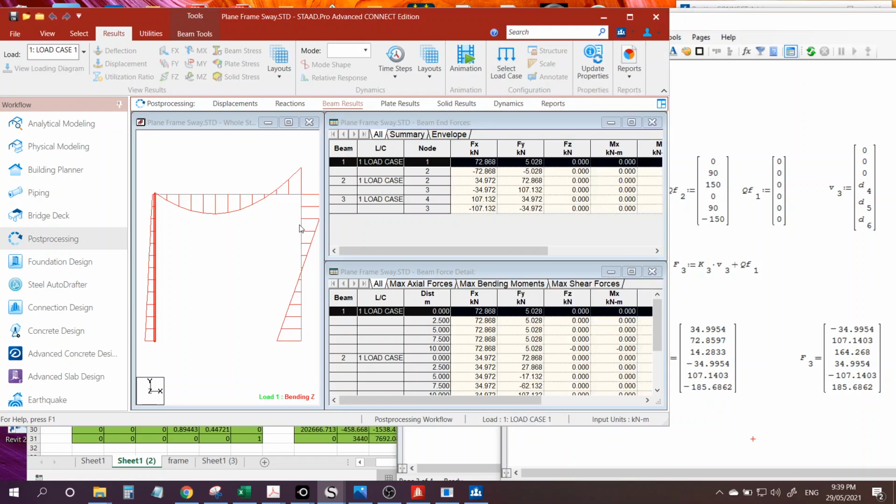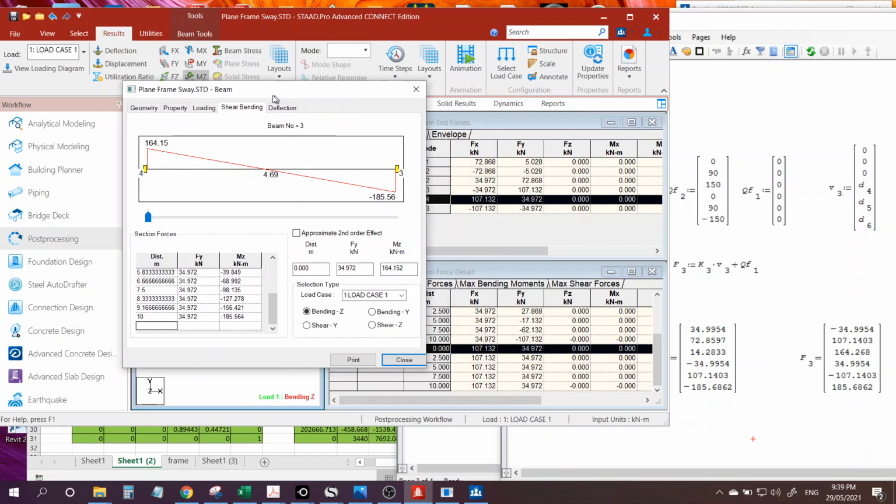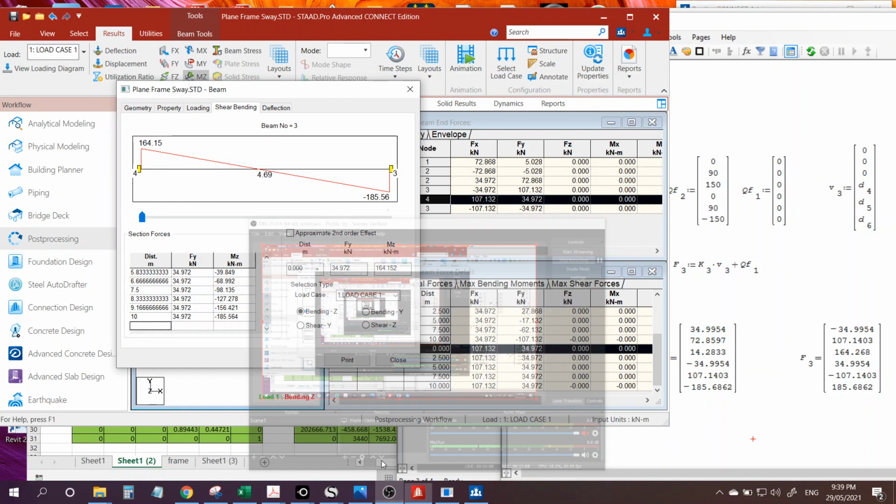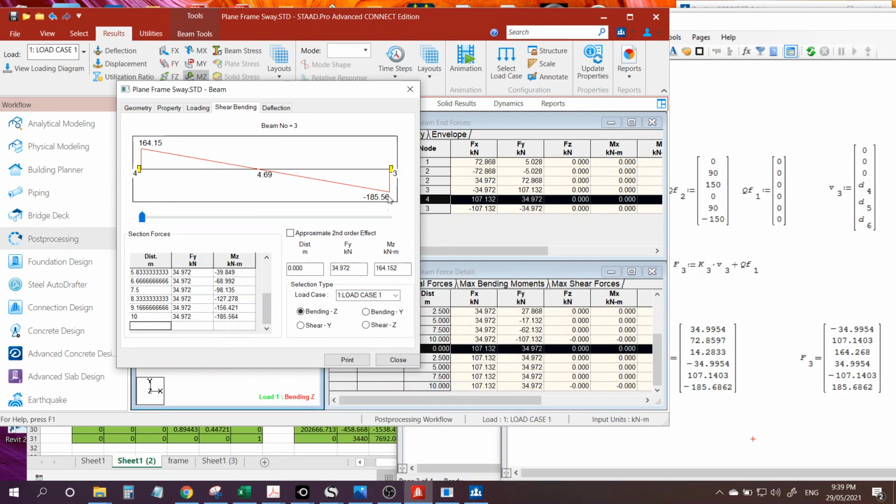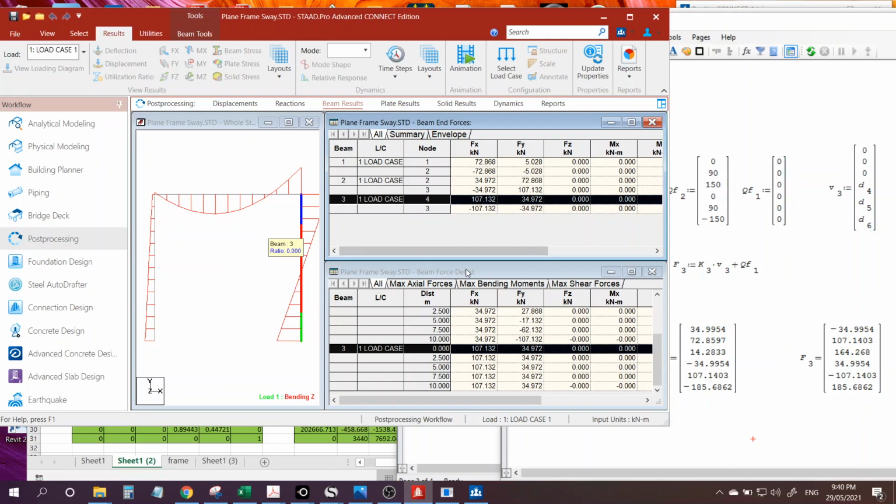Last, for member 3, 164 and 185 for the bending, 164 and 185 for the shear, 34 or 35. Same. And for the FX, 107. Okay, so that's it.